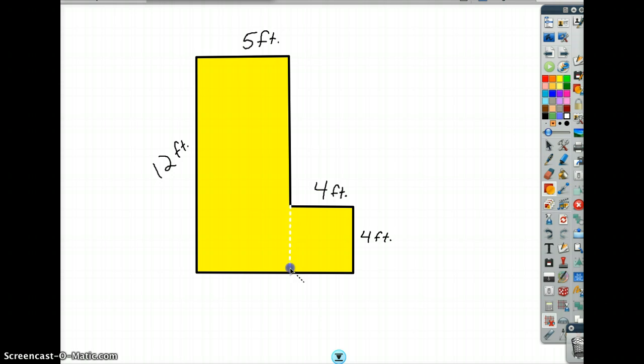So if I drew a little dotted line here, maybe that changes the picture for you a little bit, and maybe it makes it a little bit easier to recognize how to find the area of this shape. Go ahead and try it now, and I'm not going to give you the answer, but I will be checking the answer tomorrow in class. So go ahead, pause the video, work it out, and then start the video again, and we'll go on to the next page.